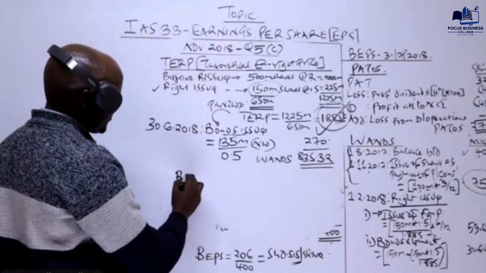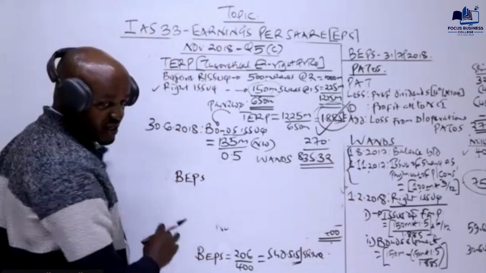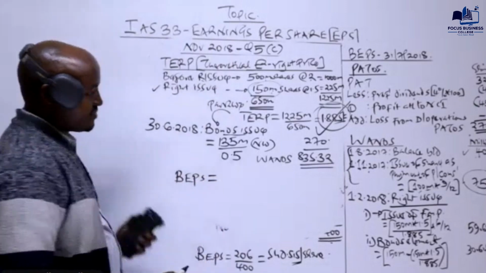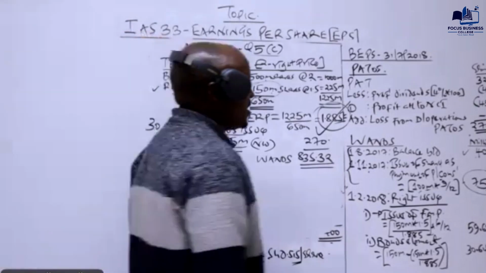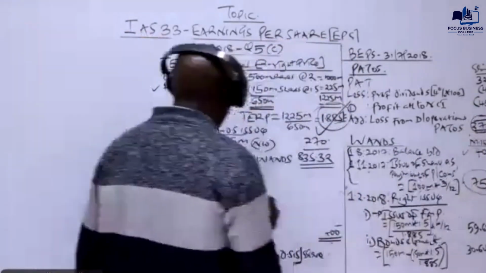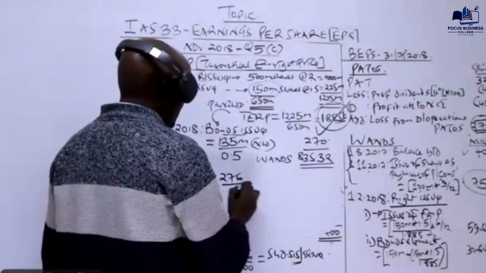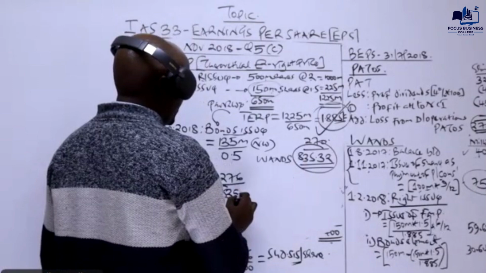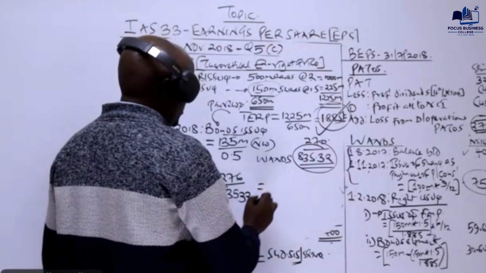If that is what you're getting, finally we can compute the basic earnings per share for 2018. So we take the PAT, which is here, 276, and divide that by the weighted average number of shares, which is 835.32.